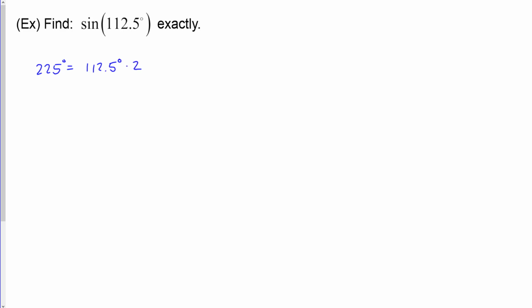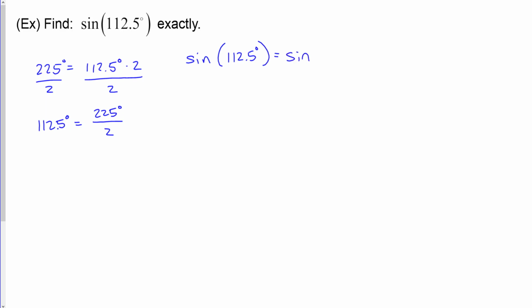So for instance, if I divided both sides of this by 2, I could say 112.5 degrees is 225 degrees over 2. So evaluating sine of 112.5 degrees is the same as evaluating sine of 225 degrees over 2.